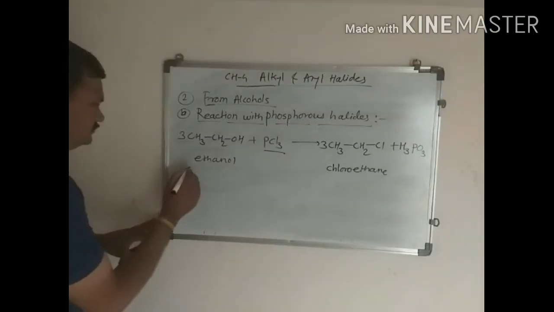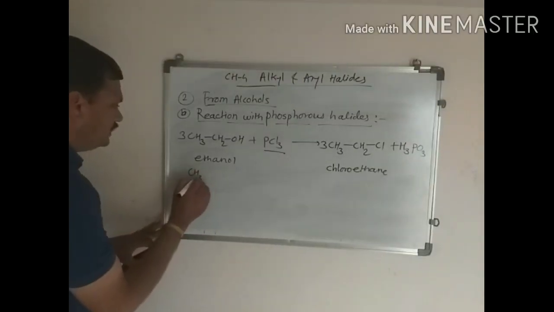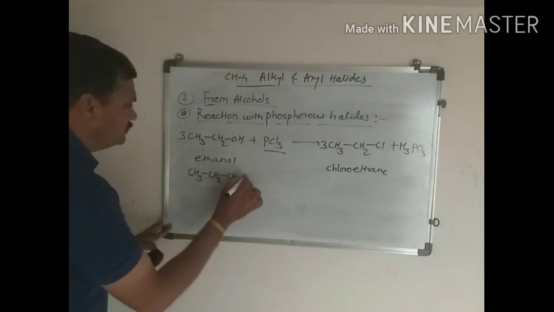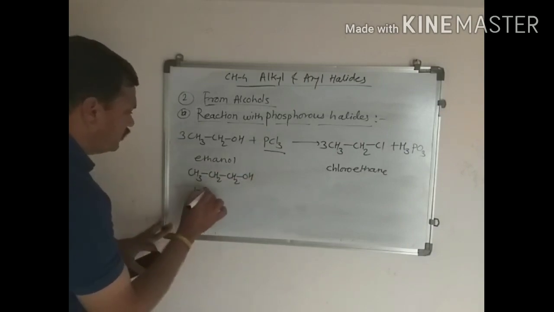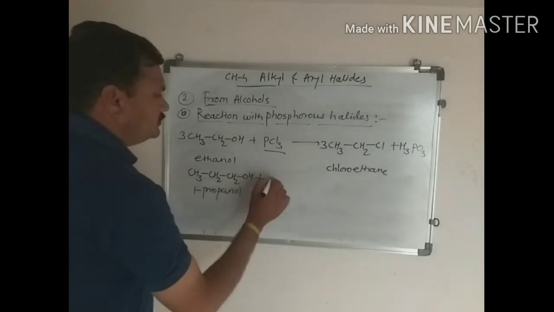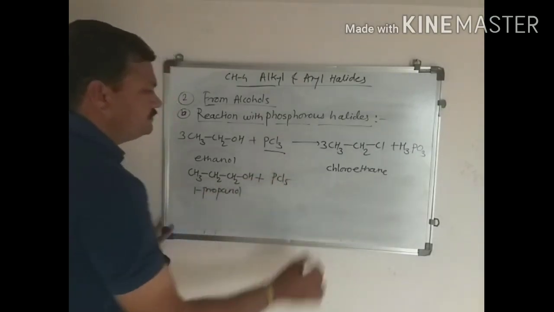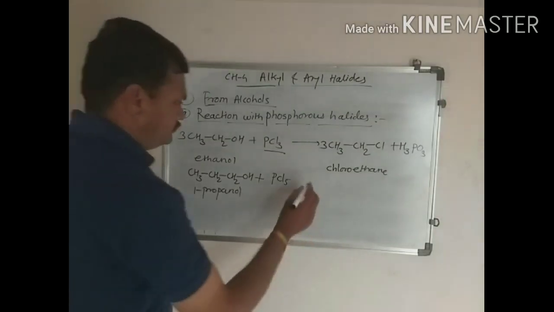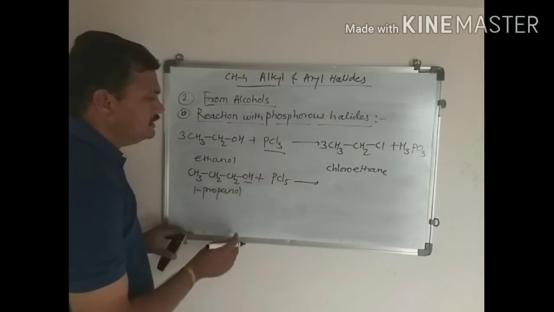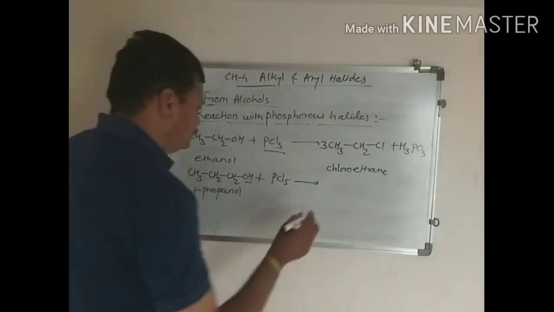Second example, we will take another alcohol, 1-propanol. It reacts with phosphorus pentachloride, PCl5. The same reaction takes place. The OH group is replaced by a chlorine atom.